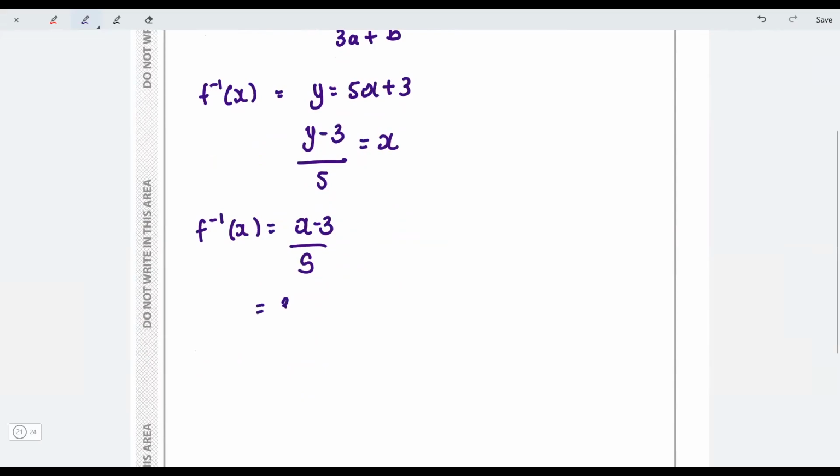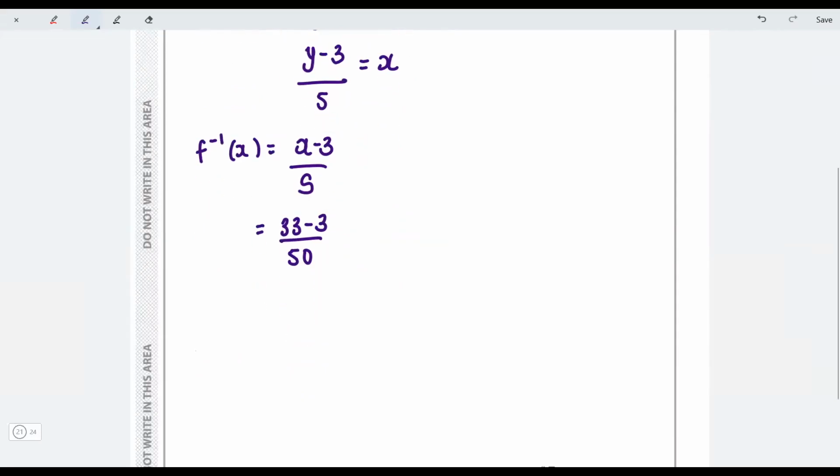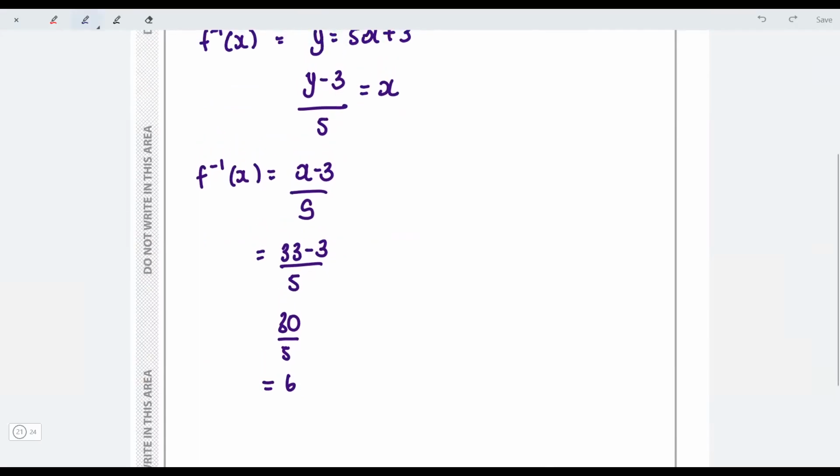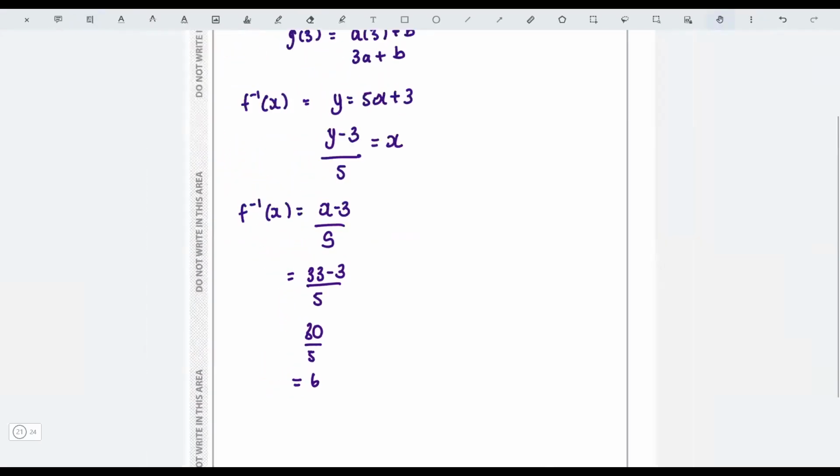So I've got to put 33 in there. 33 take away 3 is 30. 30 over 5 is 6. Not 30 over 50. Why have I put 50 there? There we are. Okay, so what's the next bit that it's asking us?